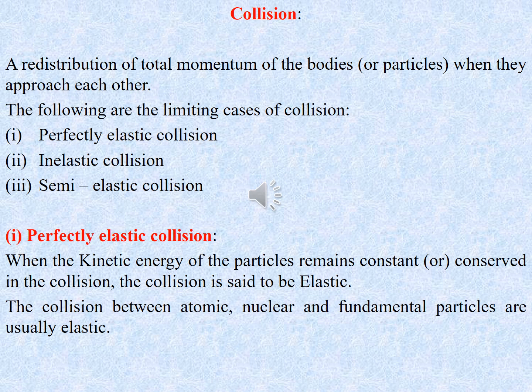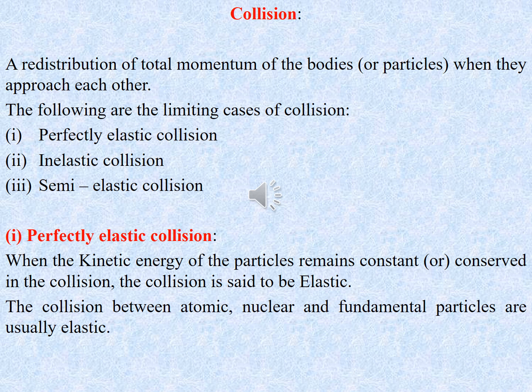Next topic is collisions. A collision is a redistribution of total momentum of bodies or particles when they approach each other. These are the different types of collisions: perfectly elastic collision, inelastic collision, semi-elastic collision.